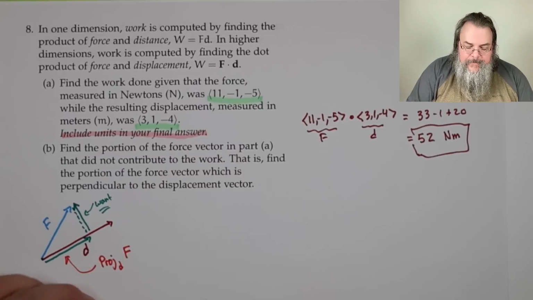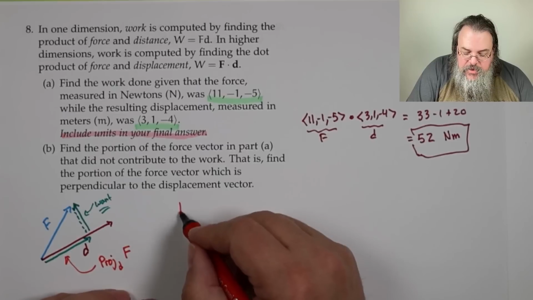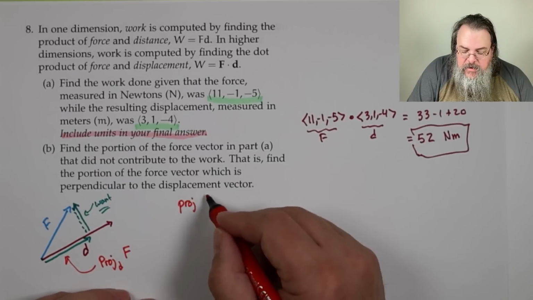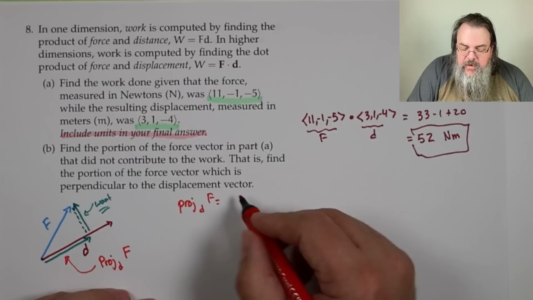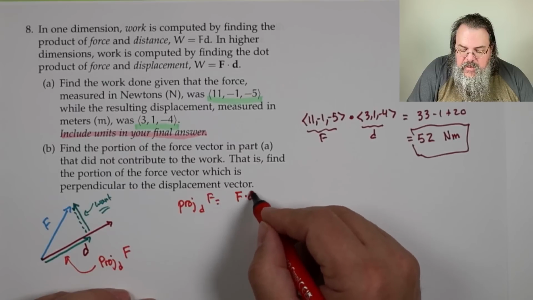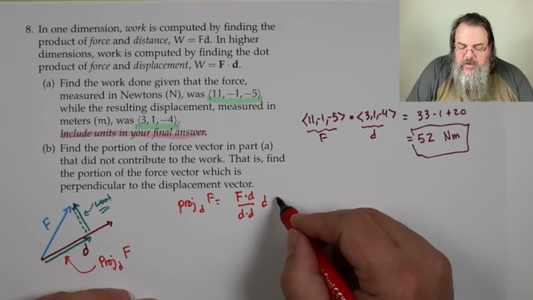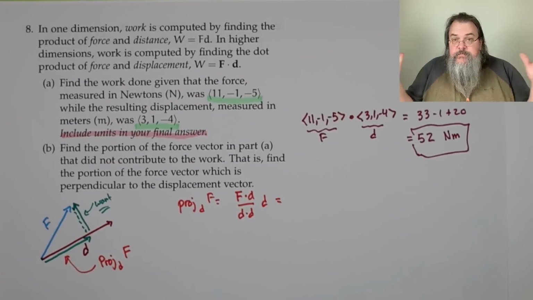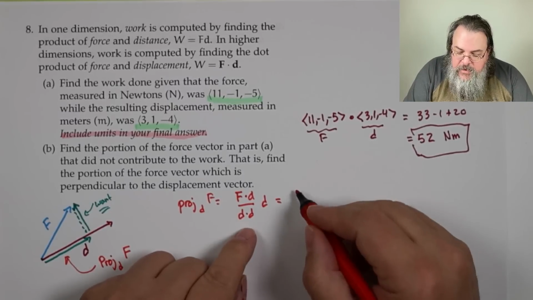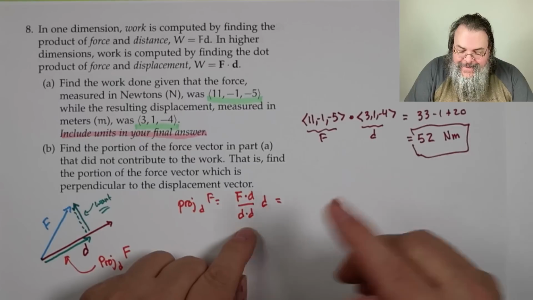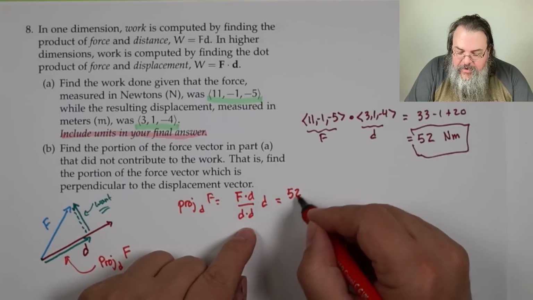So let's find that. Okay, so the projection of force onto displacement, the formula is F dot D over D dot D times D. Okay, that's just from the formula sheet, no surprises. And F dot D we already know. We did it in part A. So we get 52. Don't worry about units right now.